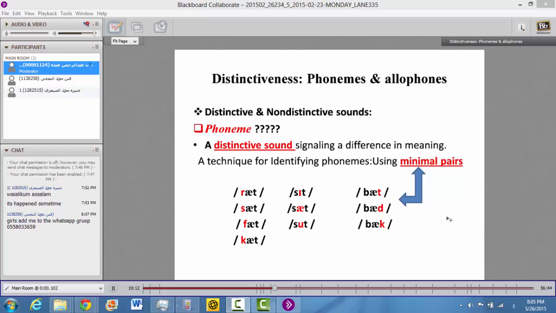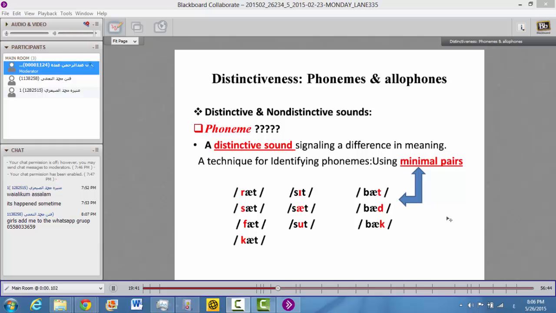So I expect you to know, but we are going to talk about it again. We will define both terms and give examples from English and other languages. In any language we have distinctive sounds and non-distinctive sounds: sounds that have a distinctive function, and sounds that have no distinctive or contrastive function.